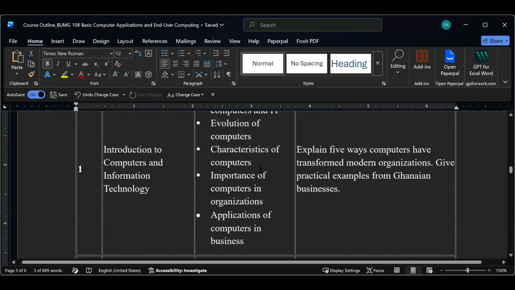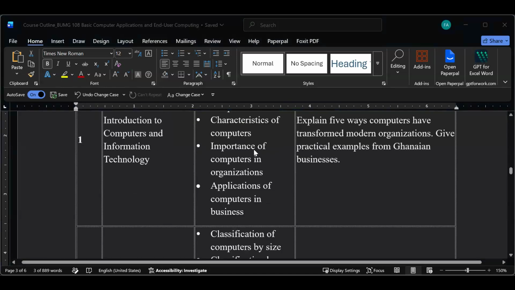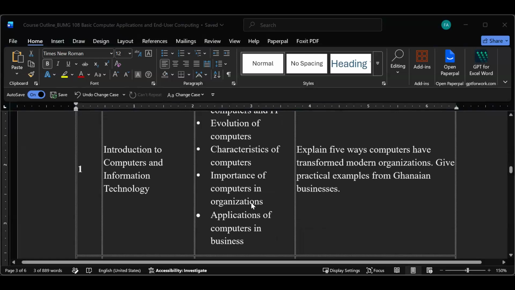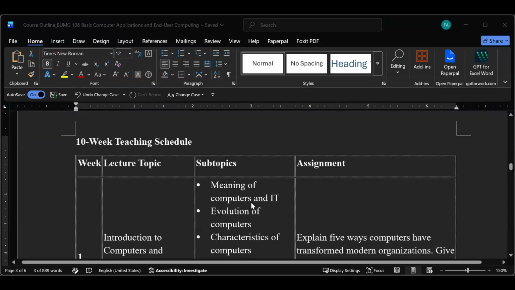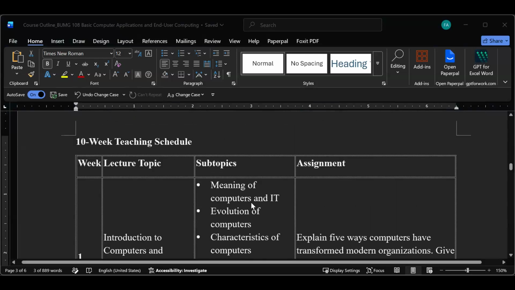We'll look at the importance of computers in organizations and its application in business or in HR in organization. At the end of each lecture, we'll have assignments. So every week there will be assignments.